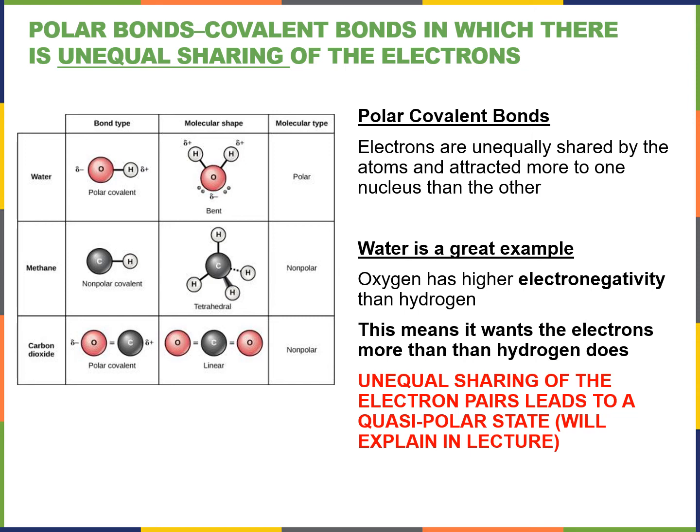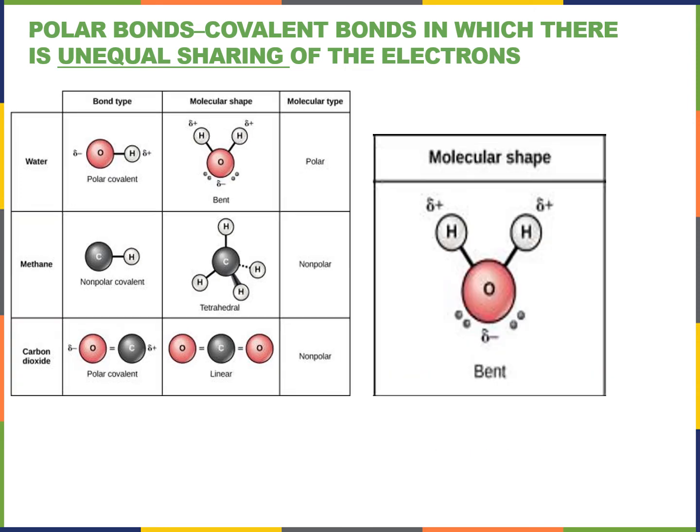Water, great example of this. Because of the unequal sharing, you end up with this delta positive, this delta negative. What this means is the electron from this hydrogen is going to more often than not be over here orbiting around the oxygen.